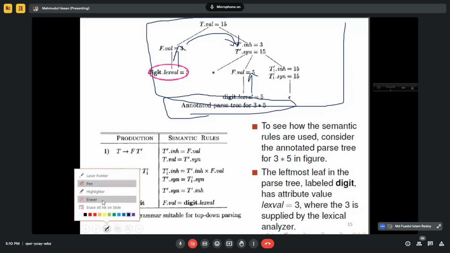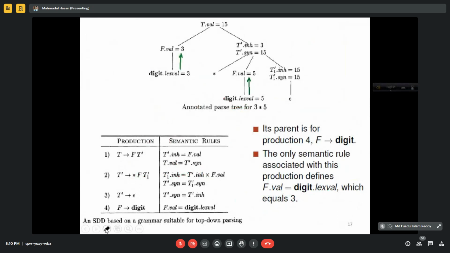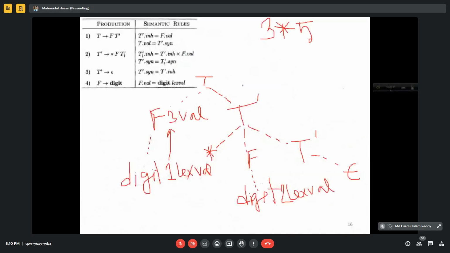Just think before. Just a minute, no problem. At first this value is transferred, then this one, then the lex value goes here. Is it like that? Yes, sir. Yes, but I think this one will put some confusion to you.